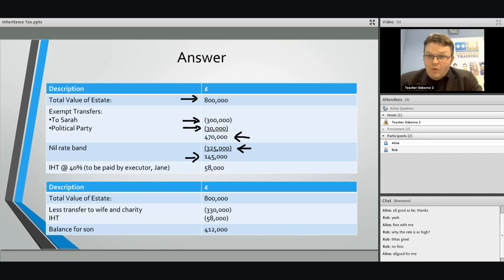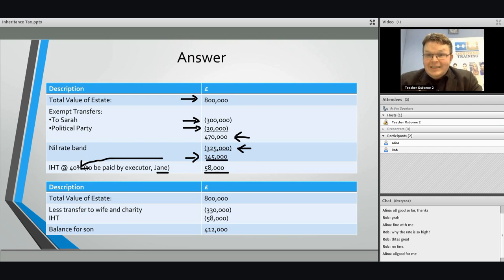And if you remember, on the death estate, IHT is 40%. So we take the £145,000, multiply it by 40% to give us the IHT payable of £58,000. That's the actual amount that the executor, Jane, will have to pay from the estate.